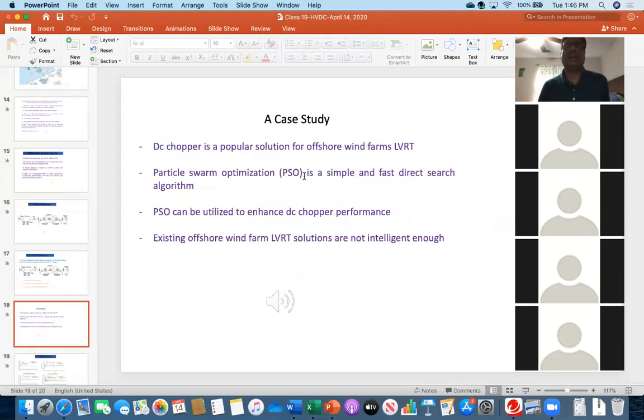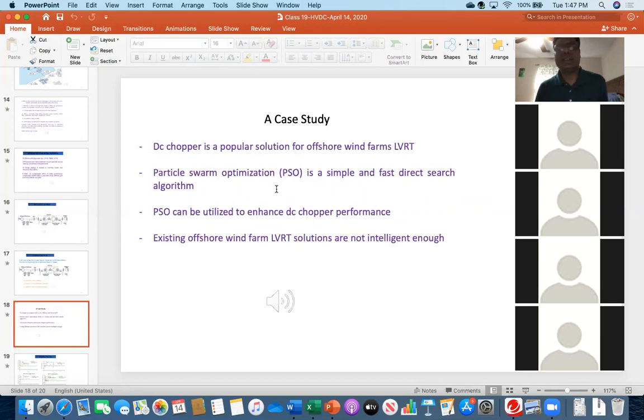Now, the highlight, the motivation or the background of this case study: DC chopper is a popular solution for offshore wind farm LVRT. DC chopper is mostly used, and this has been very popular. And particle swarm optimization is a simple and fast direct search algorithm.